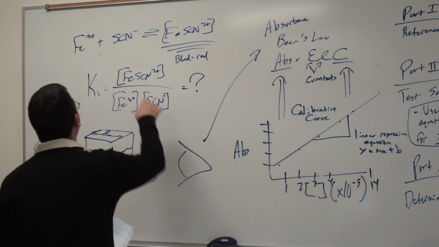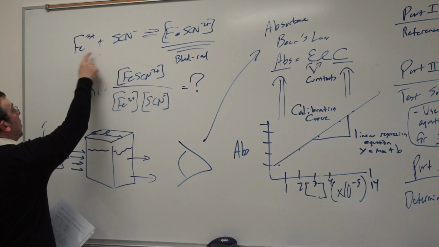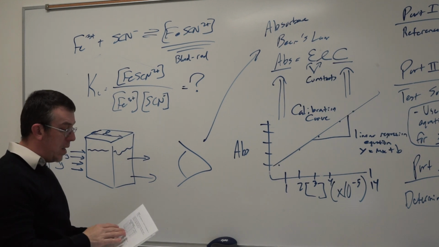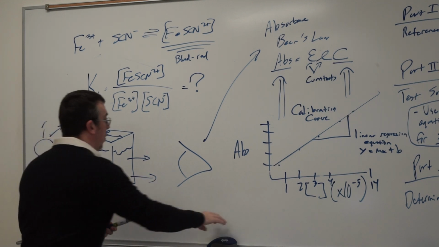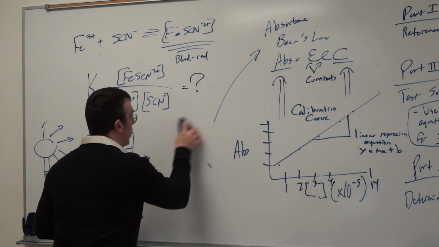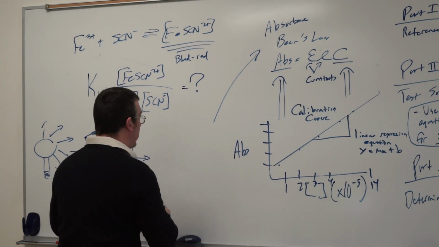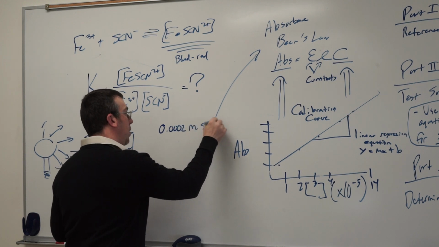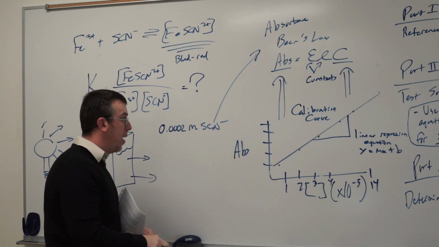Now, if you look back up here, that's a 1-to-1 ratio for these two reactants, but the way the concentrations are set, this 0.002 molar solution, for the thiocyanate, is going to be acting as your limiting reagent.